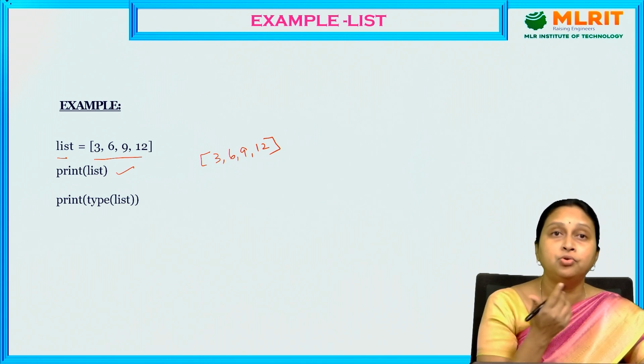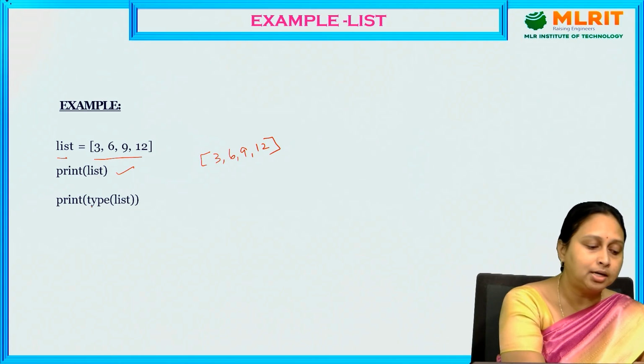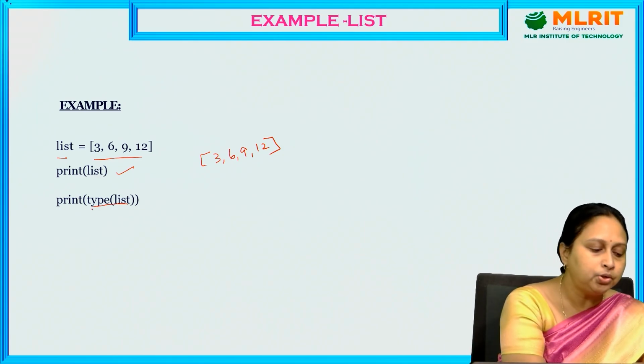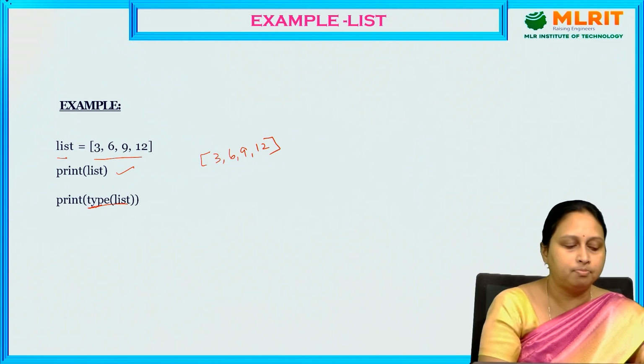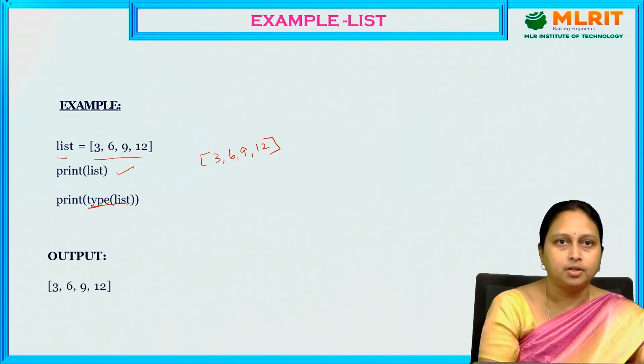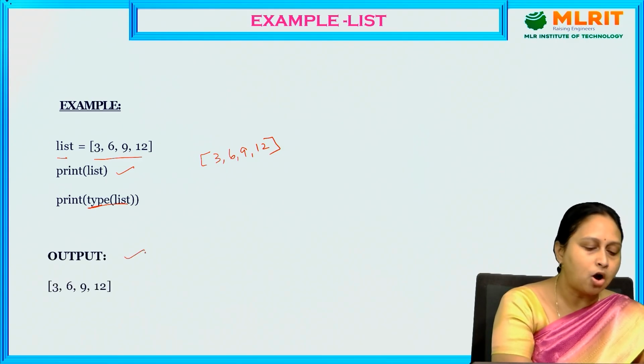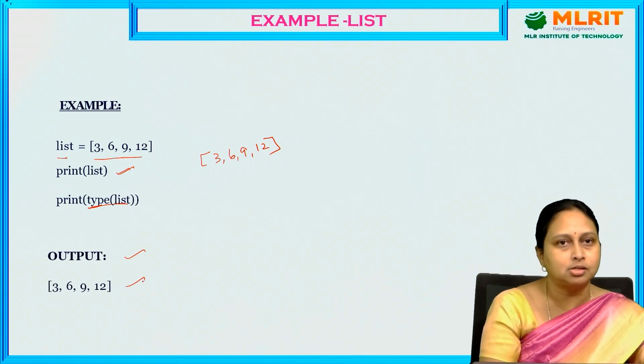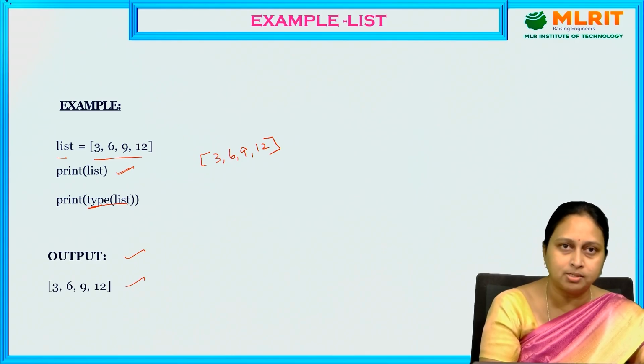And if I want to know what the type of the list is, we need to use the type function to find out what type the list represents. Here, if you can see the output, when I print the list, it prints 3, 6, 9 and 12 with the square braces.